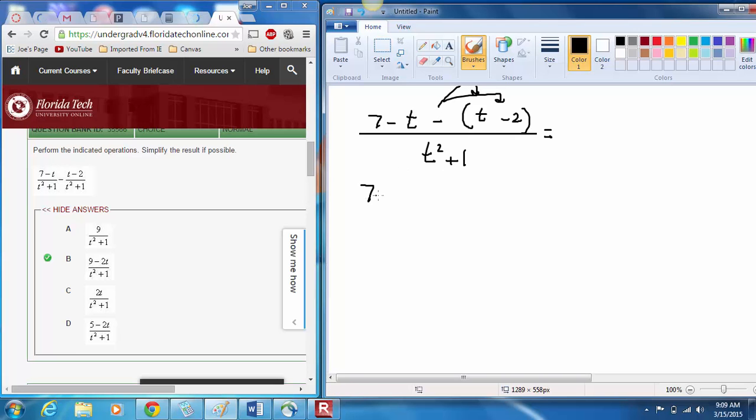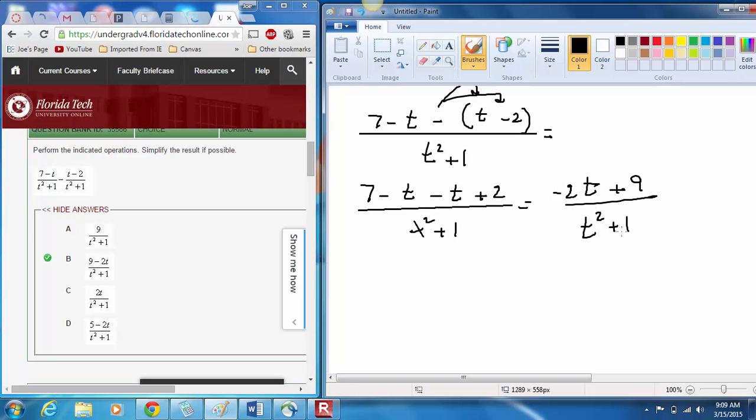So you get 7 minus t plus 2. The denominator is t squared plus 1. And therefore, the minus t, we have negative 2t. And 7 plus 2 is 9.